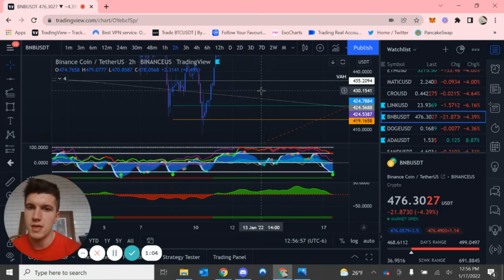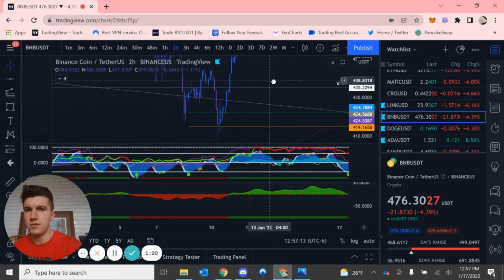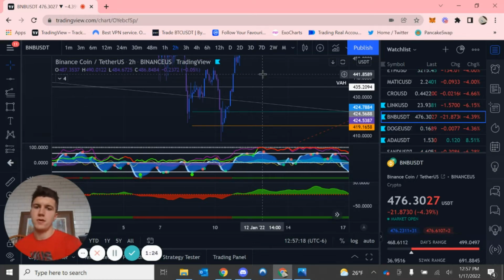This will create a sort of extra support where divergence is confirming that it's going to bounce off of that support. In this example, this was a swing trade that I took back in early January based off the 2 hour time frame.